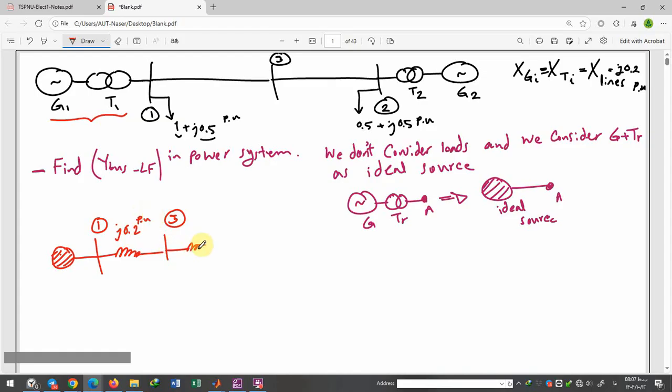After that, another reactance of j0.2 per unit until we reach bus number 2.